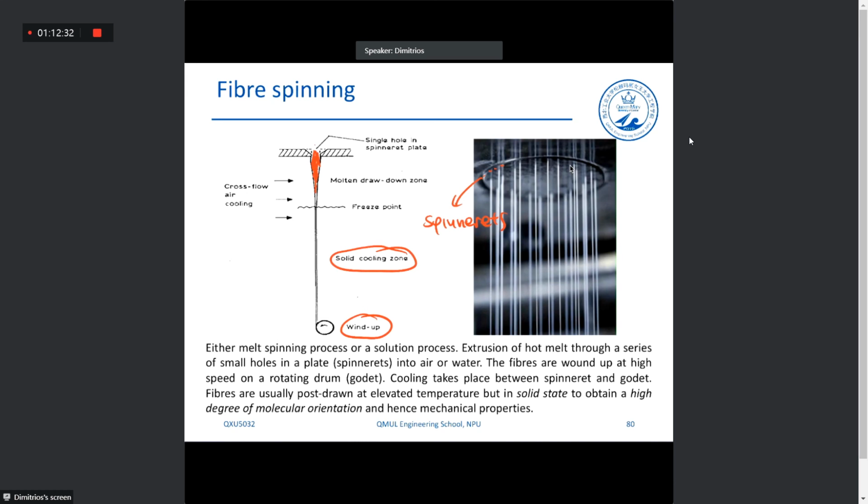In this case, stretching takes place also during the wind-up, but also after post-processing. So we have the fiber after the wind up, okay, and we slightly stretch them afterwards in order to create these stretched oriented polymer chains, okay? So the chains look like that and not like that.